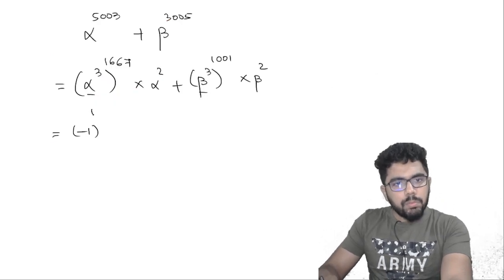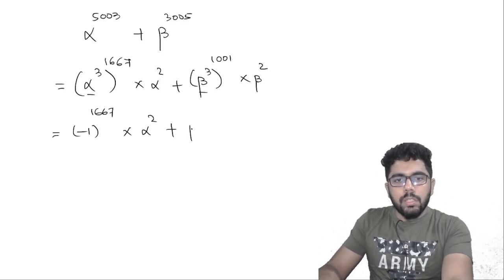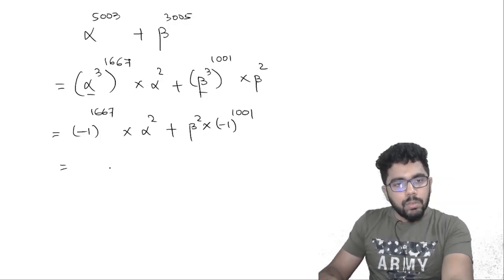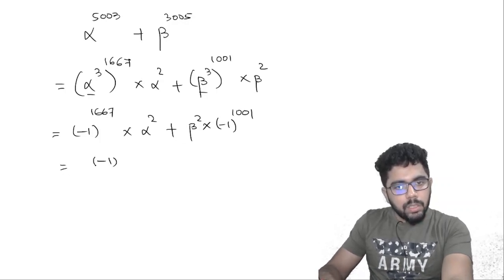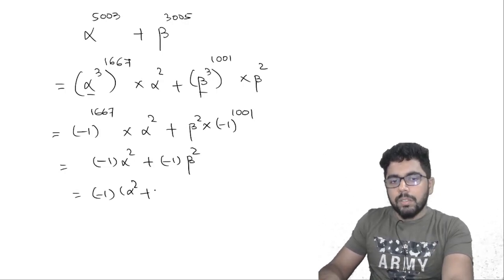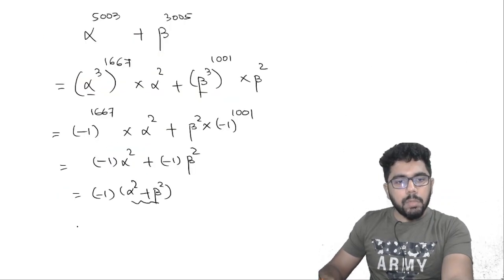So minus 1 to the power 1667 into alpha square plus beta square into minus 1 to the power 1001. So I can take minus 1 alpha square plus minus 1 into beta square. So minus 1 taken common, I'll have alpha square plus beta square, and alpha square plus beta square we got as again minus 1.